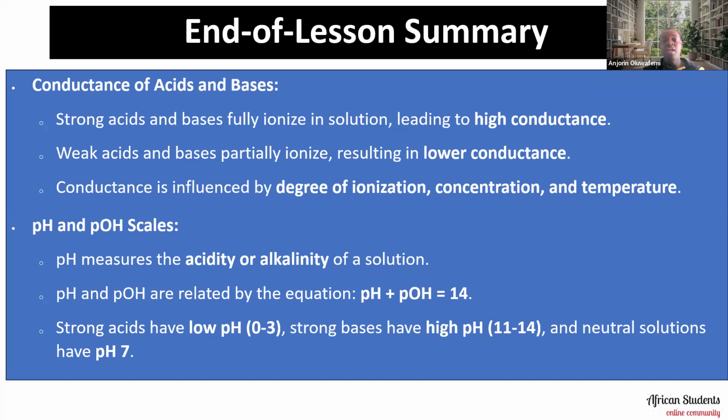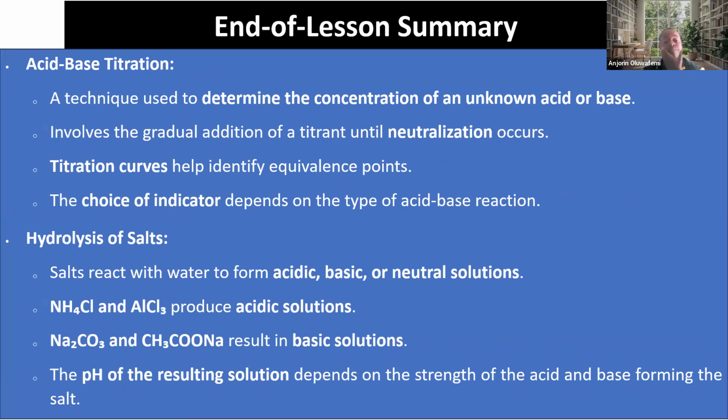We also looked at pH and pOH scale. We looked at what they are. We looked at the formula for calculating pH and pOH and the relationship between pH and pOH. And we saw so many examples in this regard. We also looked at the acid-base titration. We defined what the acid-base titration is.